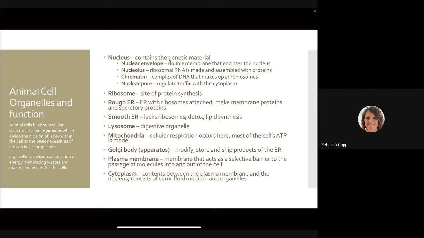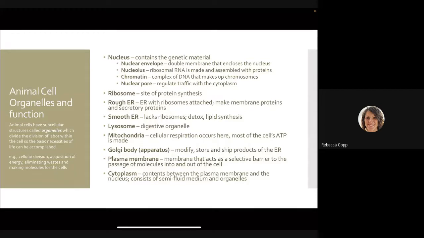The nuclear envelope is a double membrane that encloses the nucleus. And again, these are all membrane-bound organelles, most of them. The nucleolus is where ribosomal RNA is made and assembled with proteins. Chromatin is a complex of DNA that makes up chromosomes.